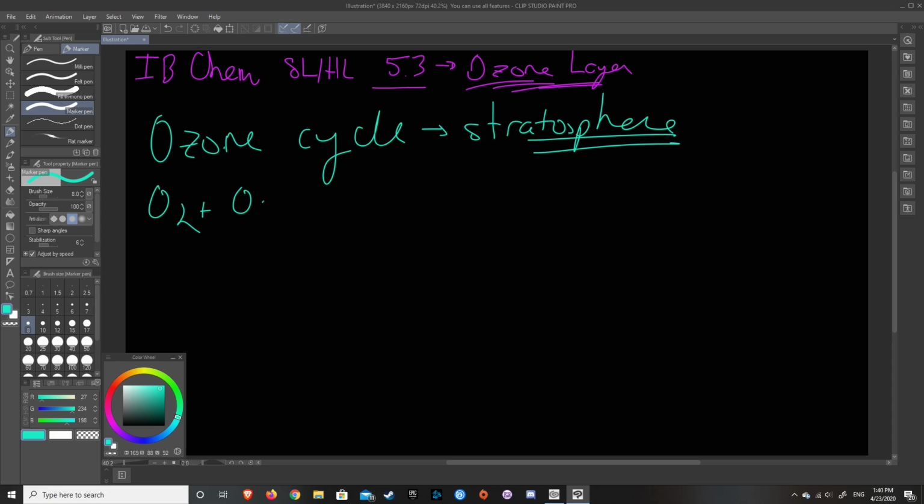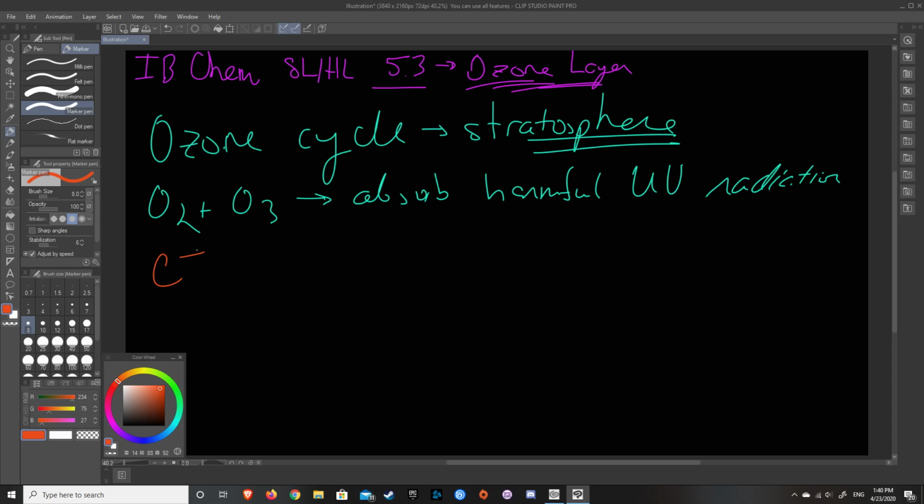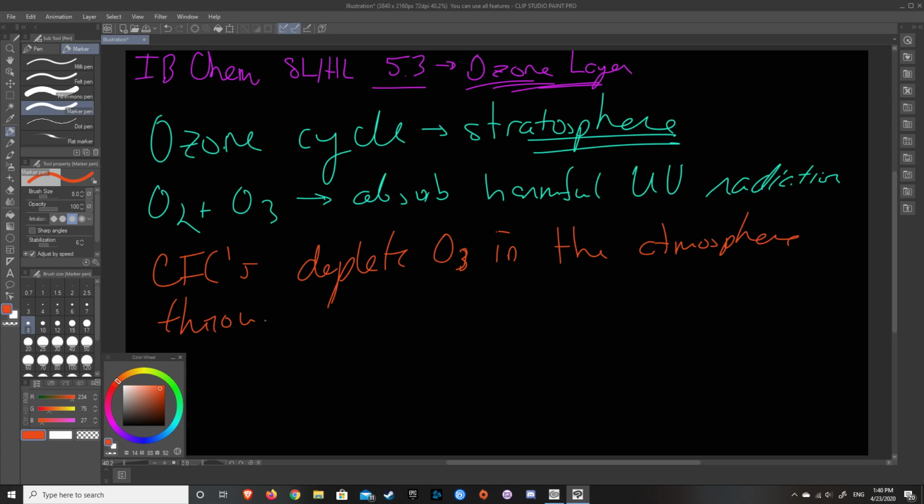O2 and O3 absorb harmful UV radiation, and CFCs deplete ozone in the atmosphere through a catalytic process.